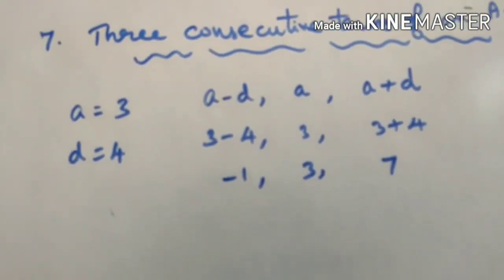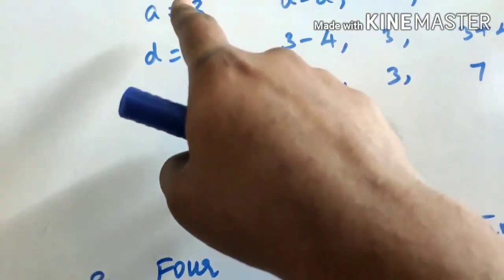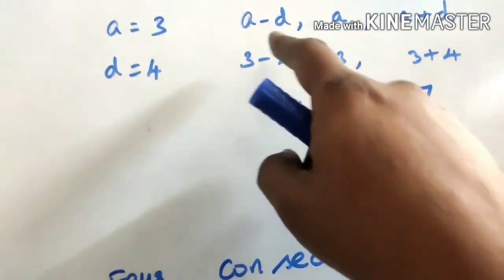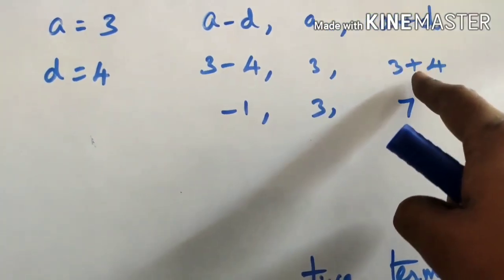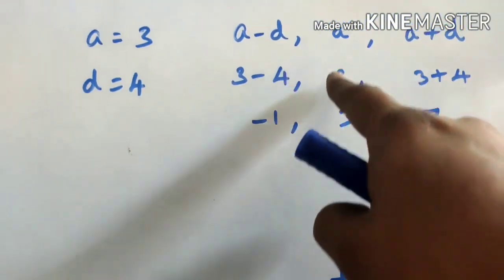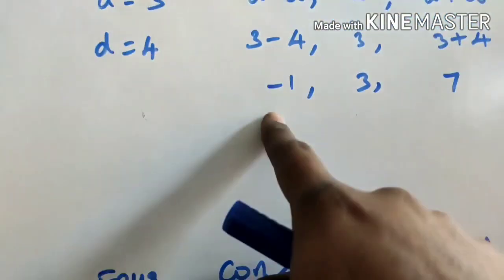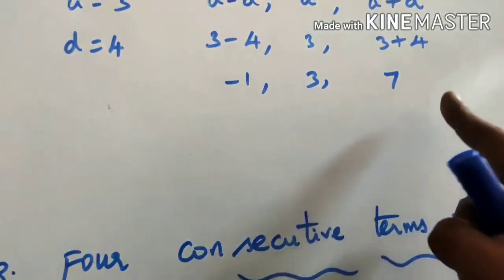For example, I am taking a equal to 3, d equal to 4, any number you can take. See here, a minus d is 3 minus 4, a is 3, and a plus d is 3 plus 4. You are getting minus 1, then 3 only, here 7. So we got an AP.